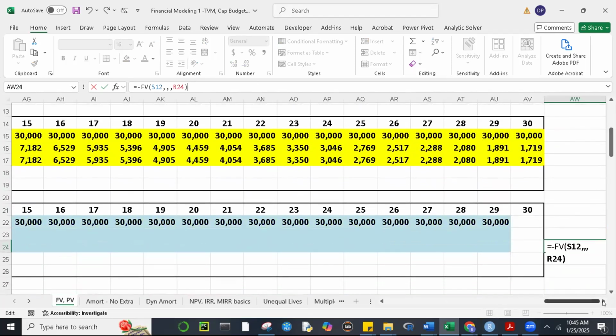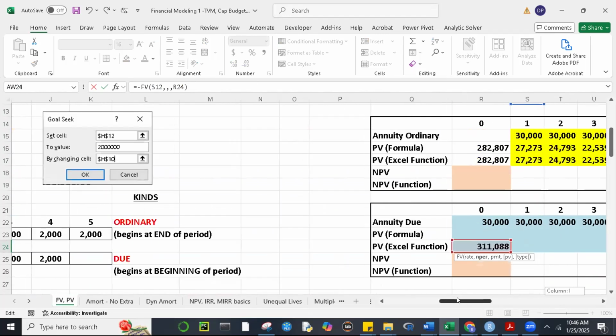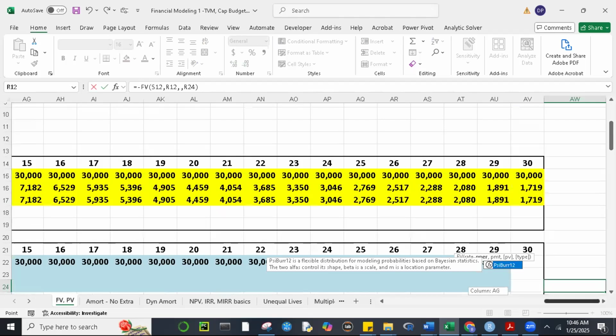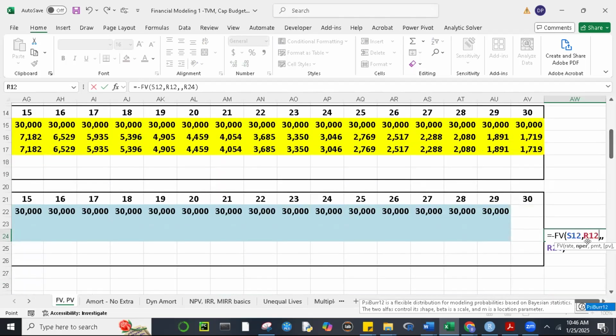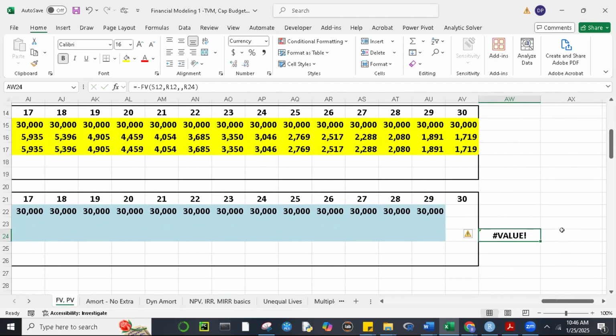Take a look at this one, class. Rate, N per, I missed the N per. Where's our N per? 30 here. Rate, N per, ignore the annuity, PMT. Use the present value and then ignore the type. Control Enter. Oops, something's wrong.